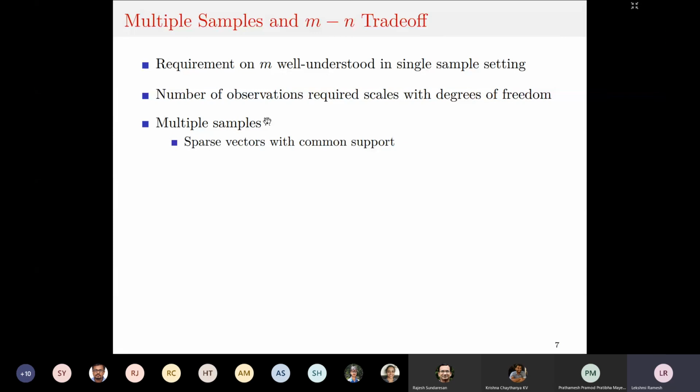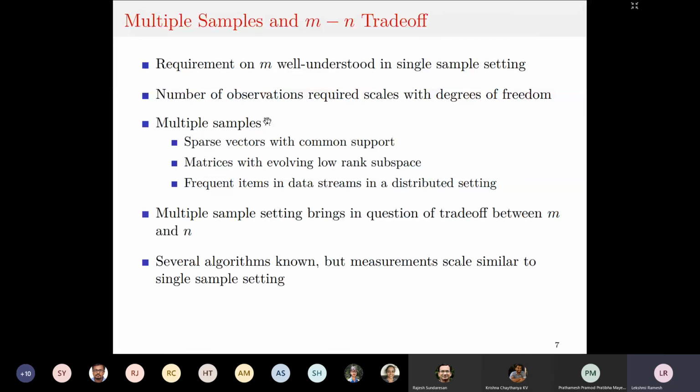So what we saw is that in the multiple sample setting, all algorithms derived from that type of framework require measurements to scale in the same way as in the single sample setting. So what that framework would tell you is that when you have multiple samples, you use that same atomic norm minimization framework. For example, for the L1 minimization, the corresponding extension in the multiple sample setting is to use something called the L12 norm. And if you use that algorithm, it still requires the M to scale like K log D, even though you have multiple samples.